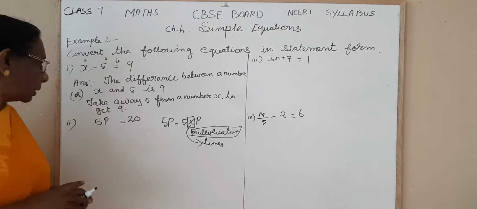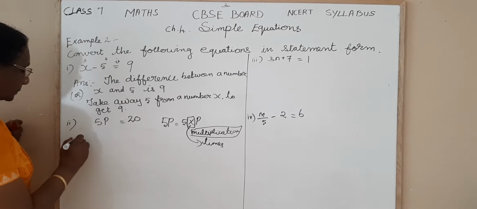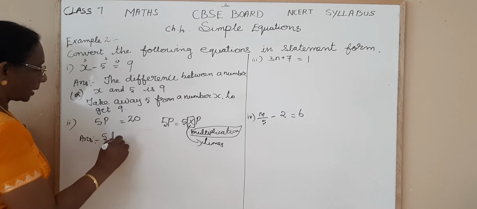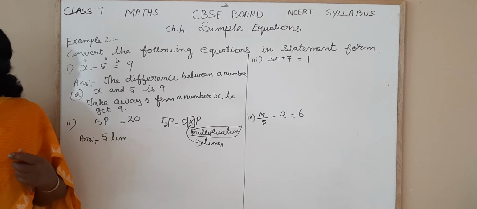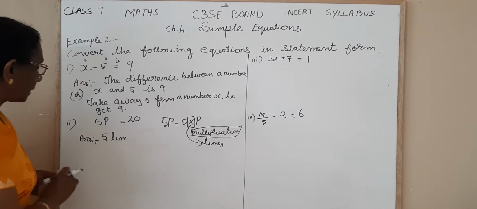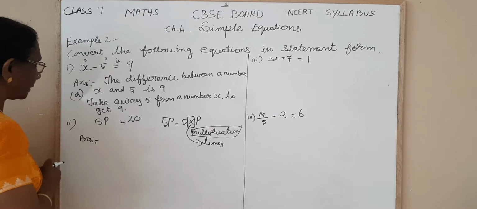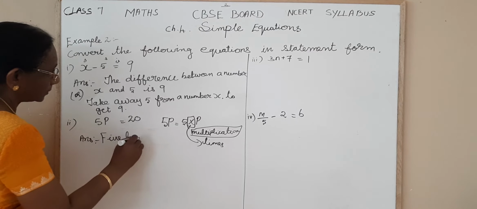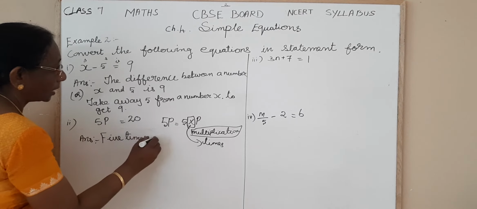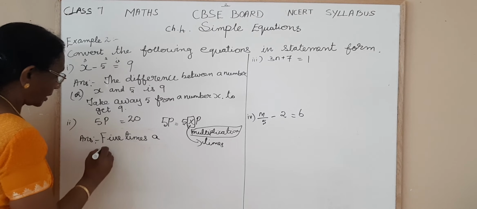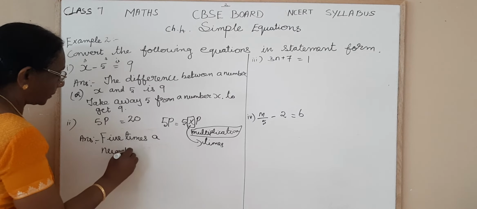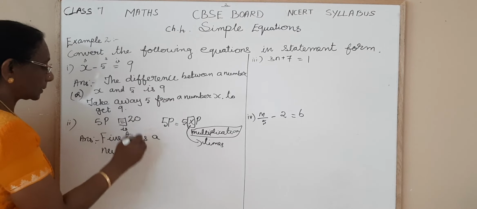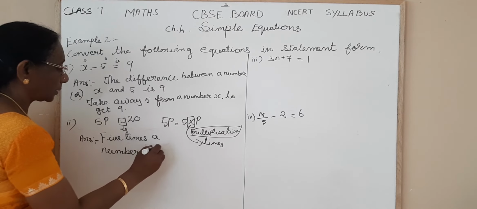It is very simple. 5 times a number. 5p means 5 times a number. Equal means what? Is 20.